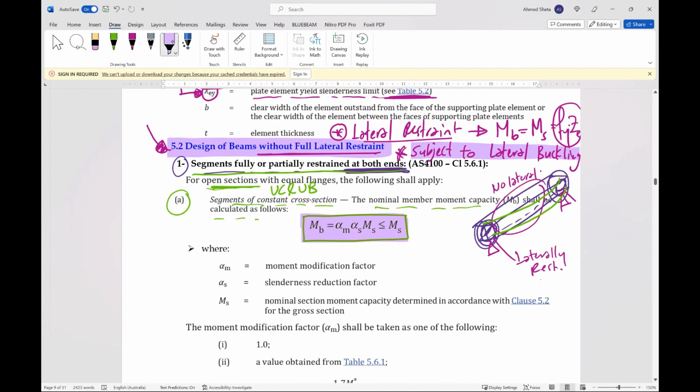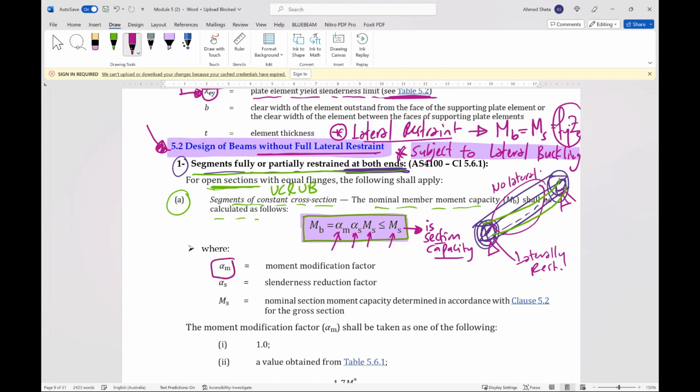So MB equals alpha M, alpha S, MS, and should be less than or equal to MS, which is the section capacity. So MS from the previous section is the section capacity. That's why I have added the first part of this lecture, because we need to know MS here.